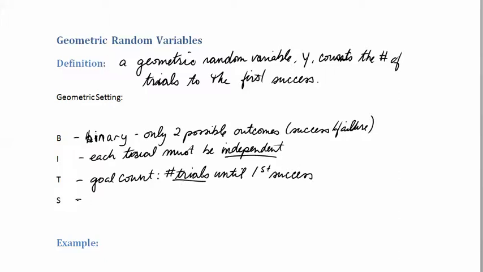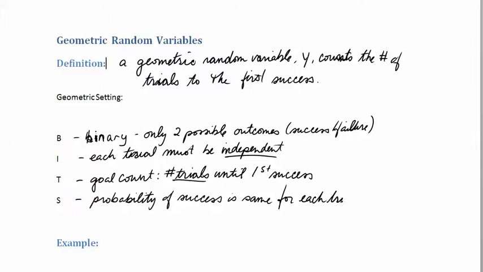S is that the probability of success is the same for each trial. Probability of success is the same for each trial.